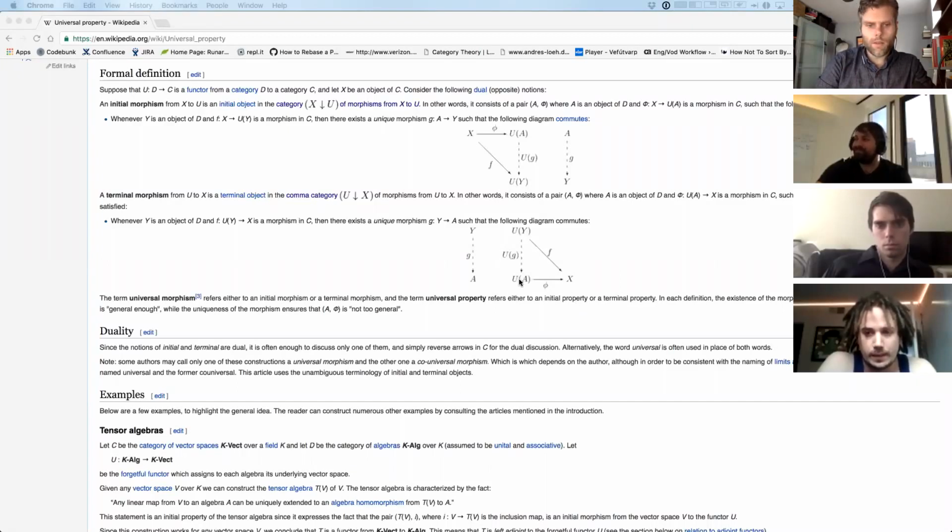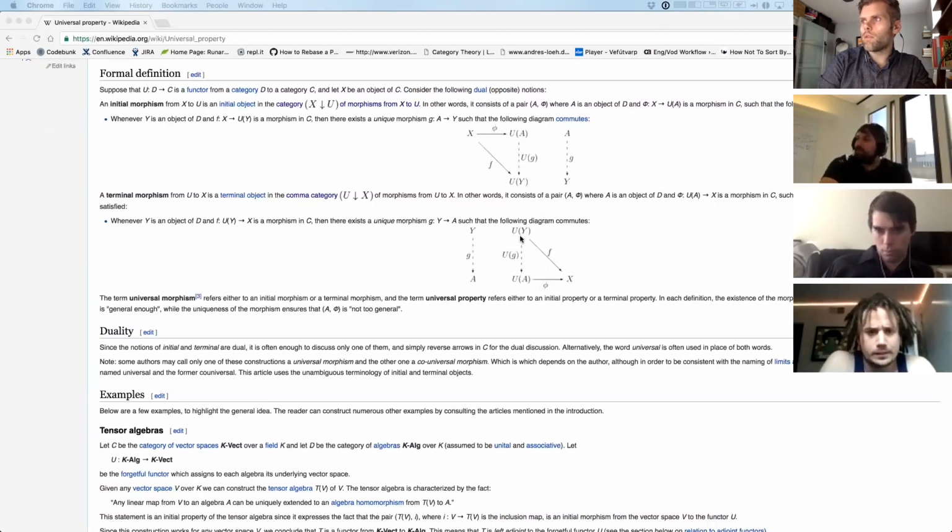It's very similar to the slice category, where all of our arrows go into one object X, and then we have objects of the category like A, B, C, and an arrow in that category that maps Y to A.